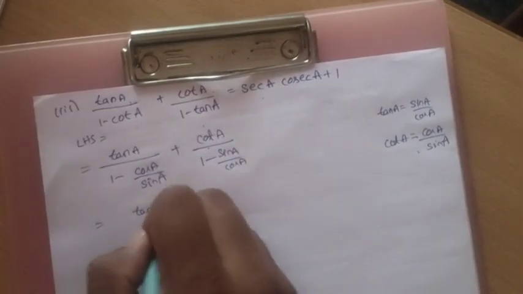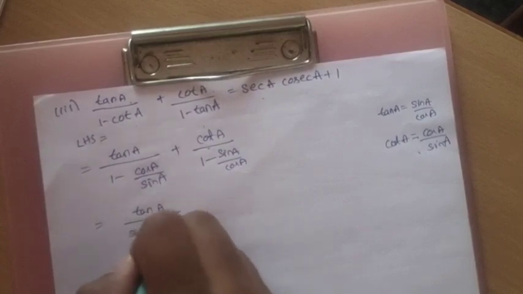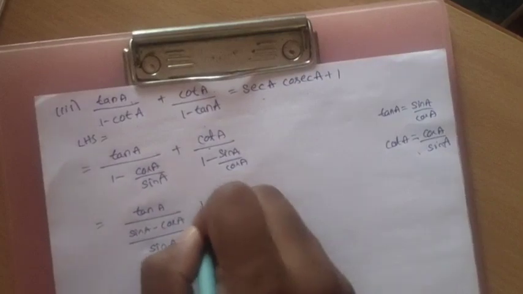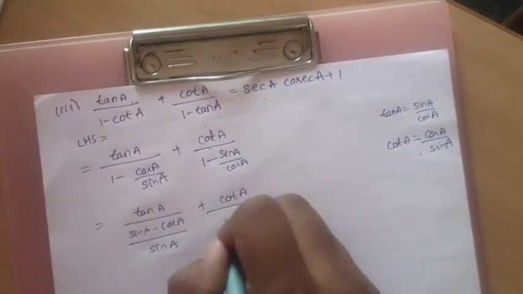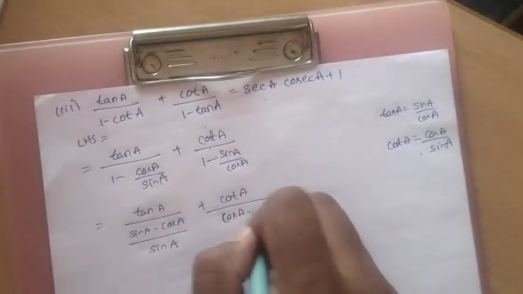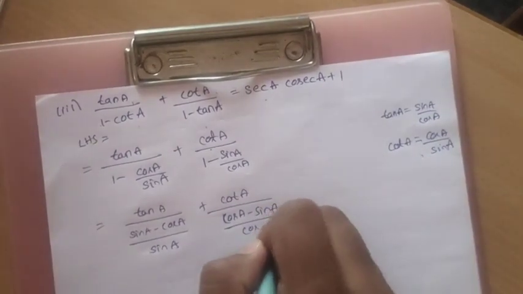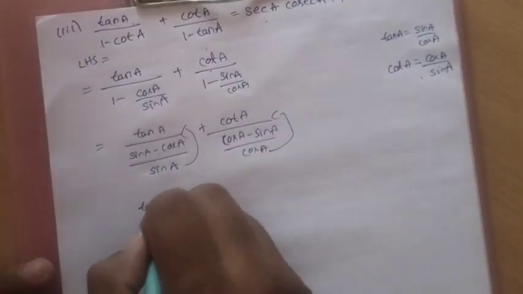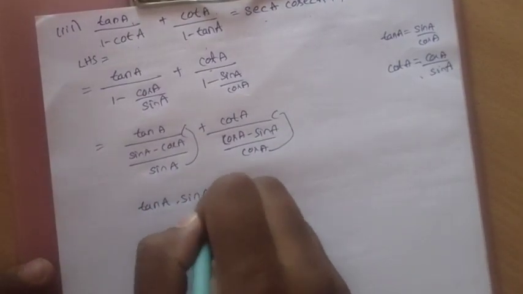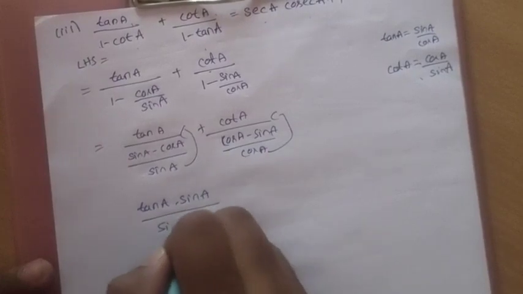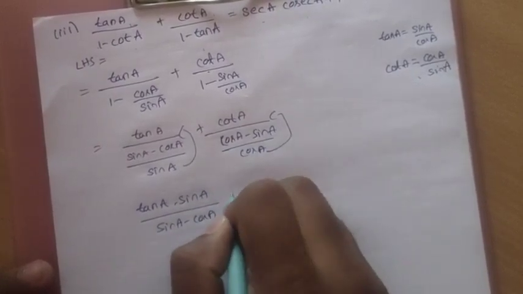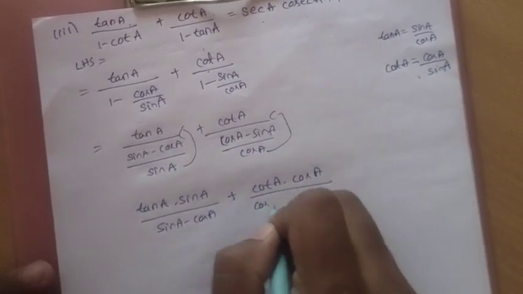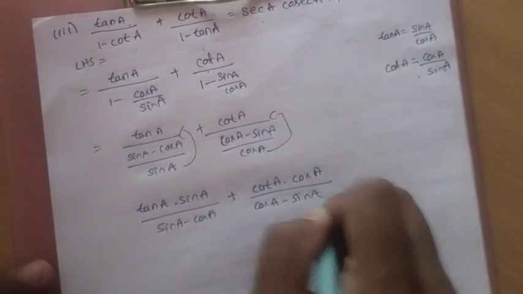So now tan a is as it is, 1 minus cos a dividing by sin a gives sin a minus cos a dividing by sin a, plus cot a dividing by 1 minus sin a dividing by cos a becomes cos a minus sin a whole dividing by cos a. So this goes to numerator, similarly this goes to denominator. Tan a into sin a whole dividing by sin a minus cos a plus cot a into cos a dividing by cos a minus sin a.